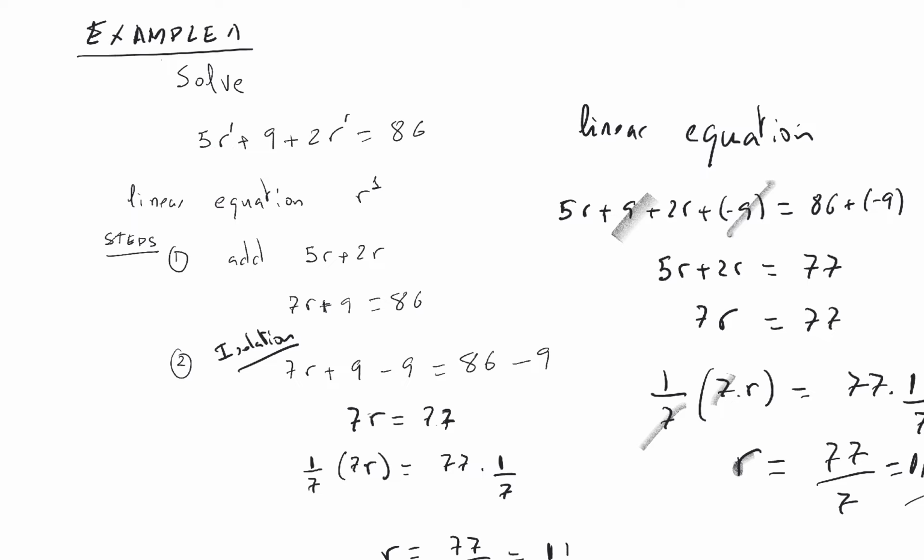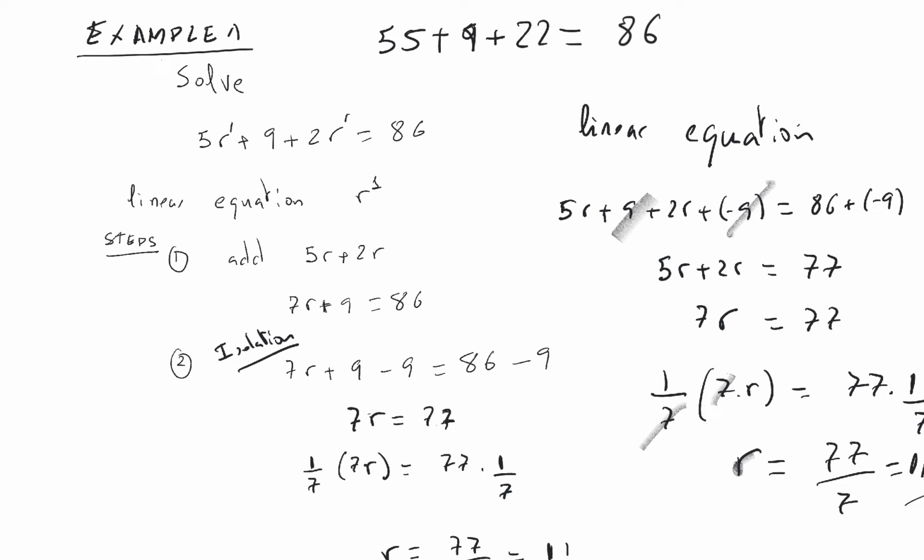So I will write 55 plus 9 plus 2 times 11. 2 times 11 is 22. And this will take you to a true statement. It will be this 86. Okay, let's do it.